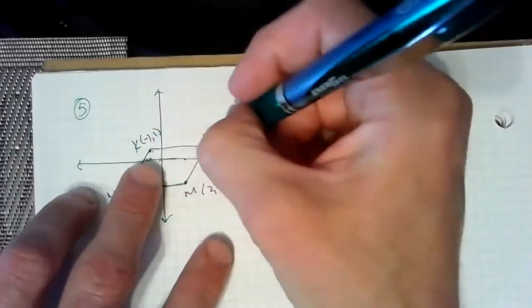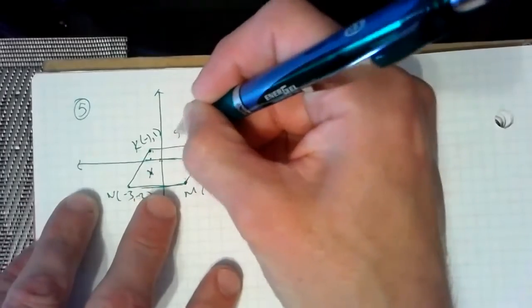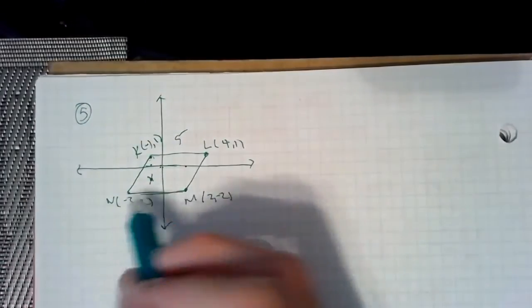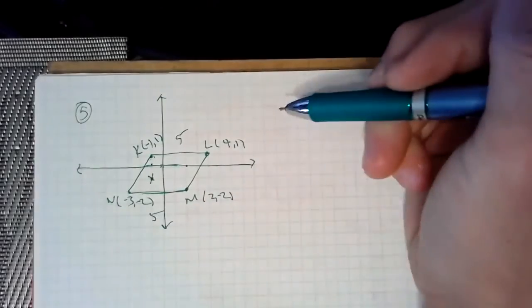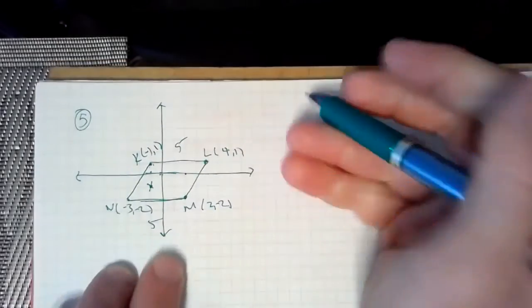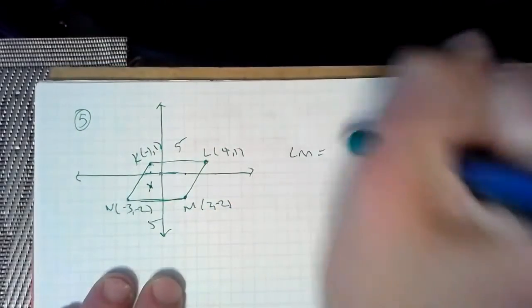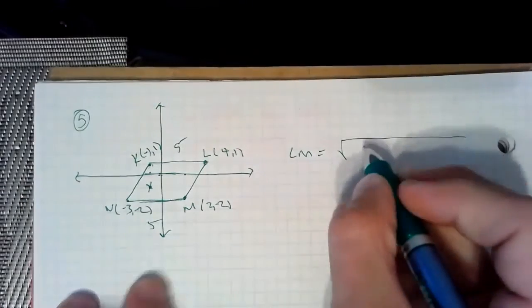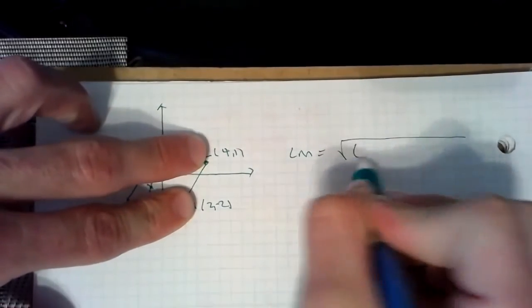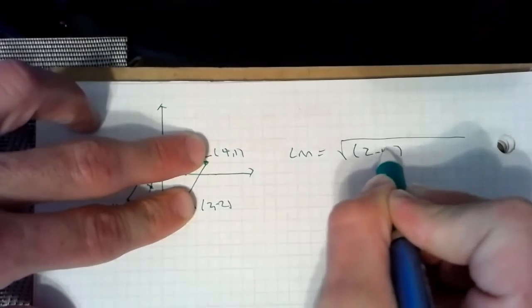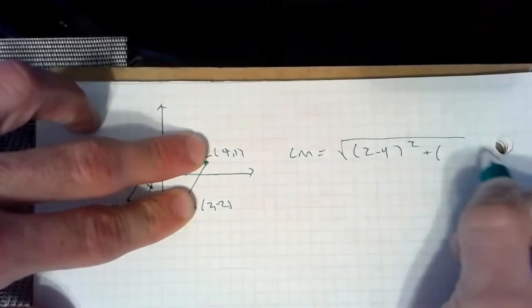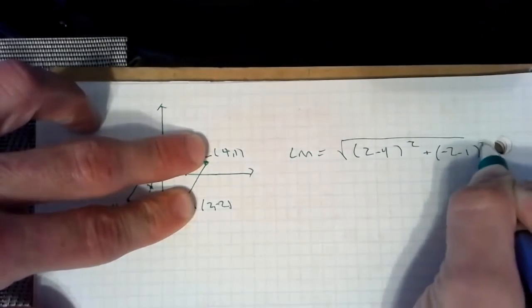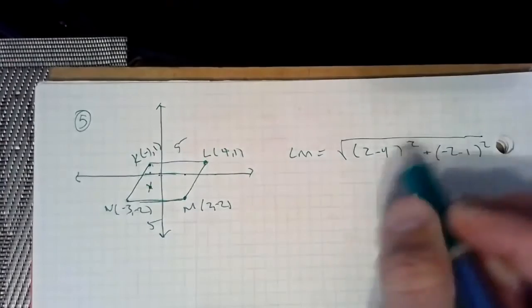Let's see. So K to L is 5. And just to check, M to N is also 5. All right, so let's use the distance formula to find LM. We're talking about the difference of the x's squared plus the difference of the y's squared.